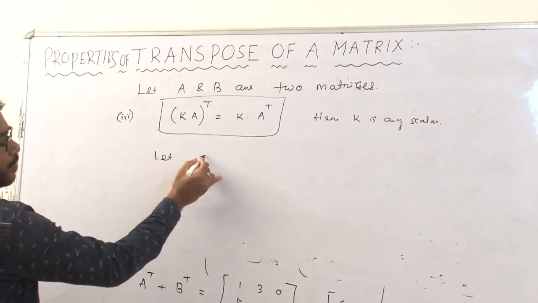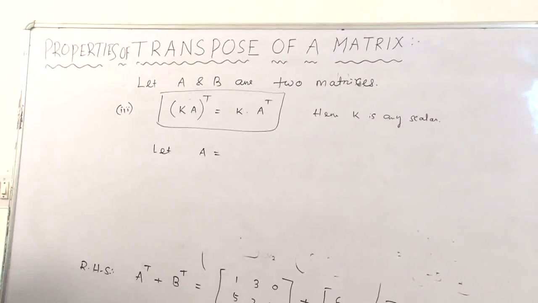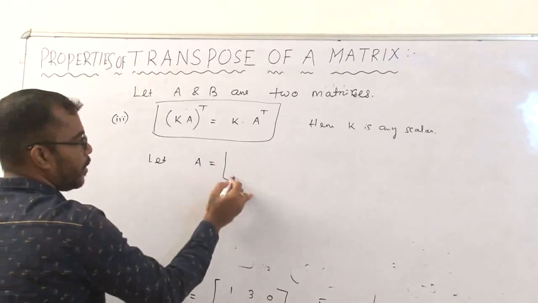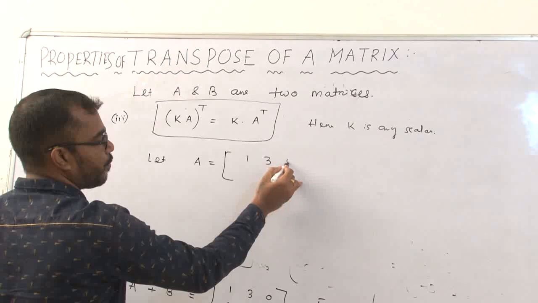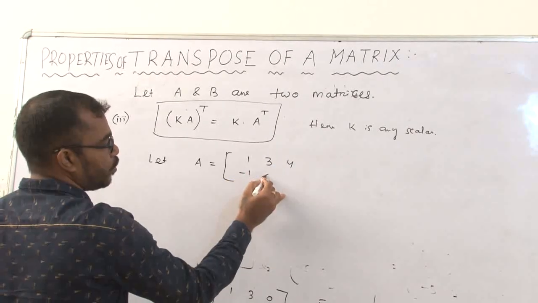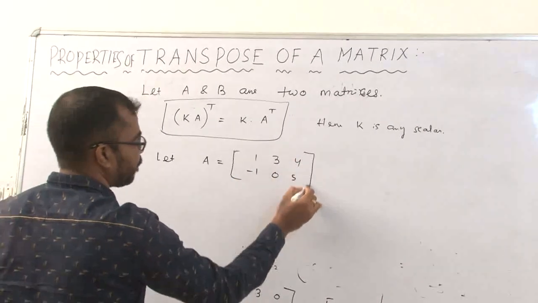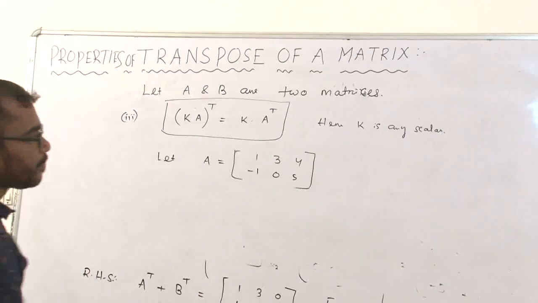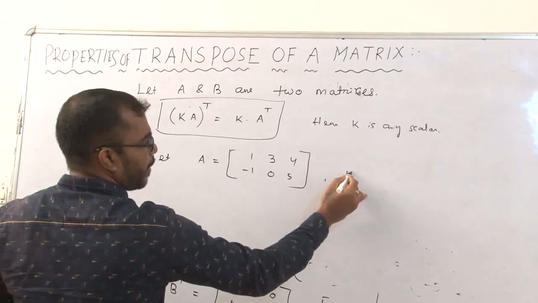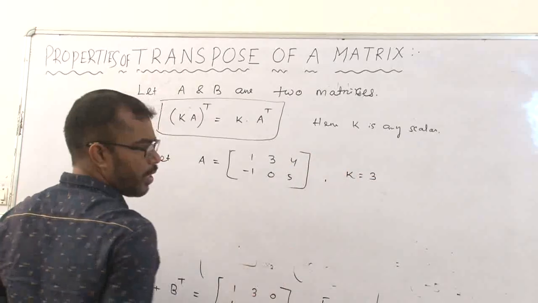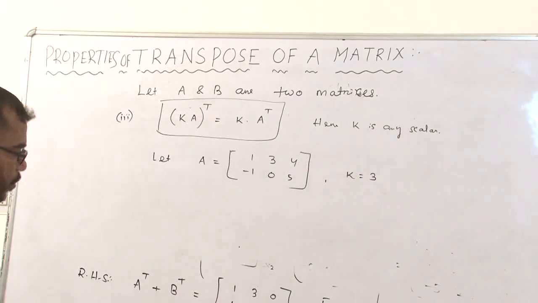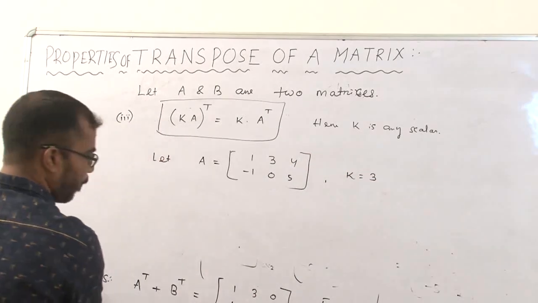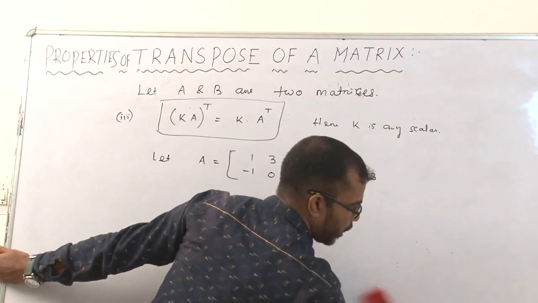Now let us take a matrix A whose value is 1, 3, 4, minus 1, 0, 5. And we take the value of K as, suppose, 3, and 3 is a scalar. So now verify this property. Is that correct or not?